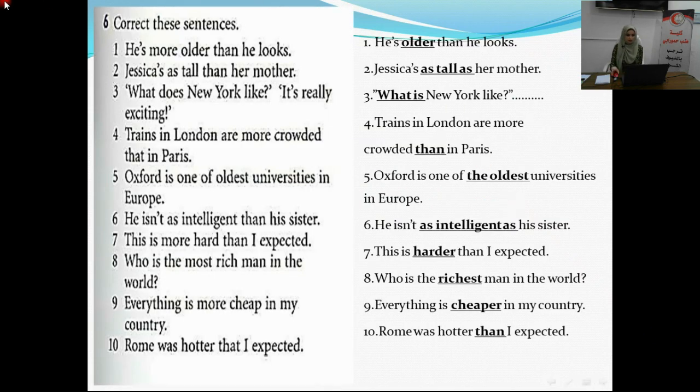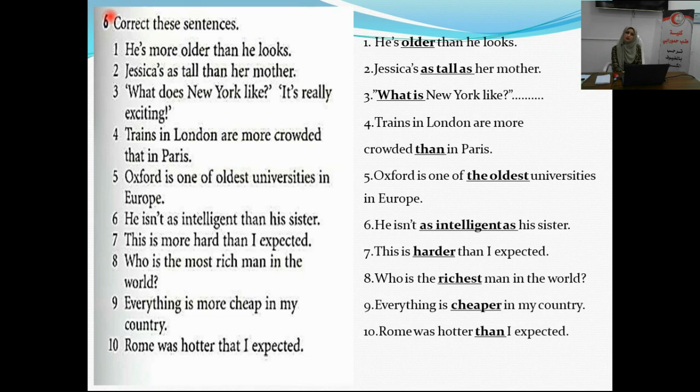We have an exercise here, which is also found in your book on page 52. In these sentences, we have something incorrect, so here we are correcting the sentences. First one: he is more older than he looks.